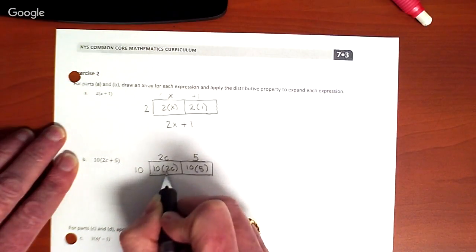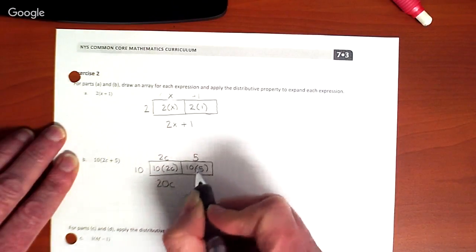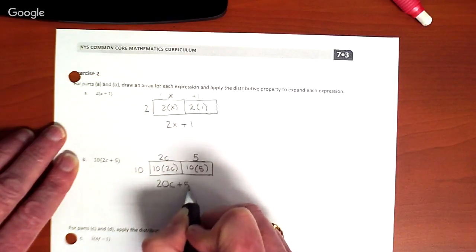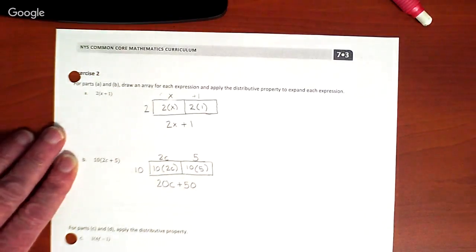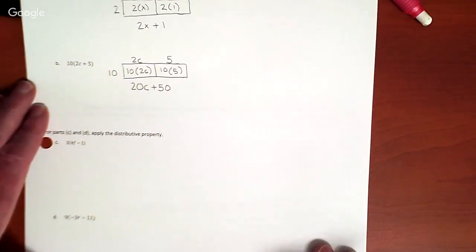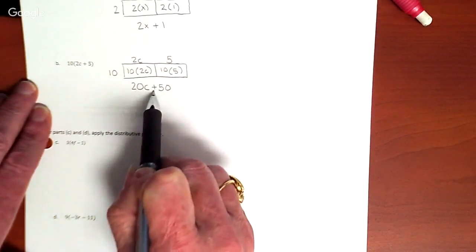So 10 times 2 is 20c. 10 times 5 is a positive 50. Now what we're trying to do here is we are trying to get away from the box and just show you how we can use this to come up with this.